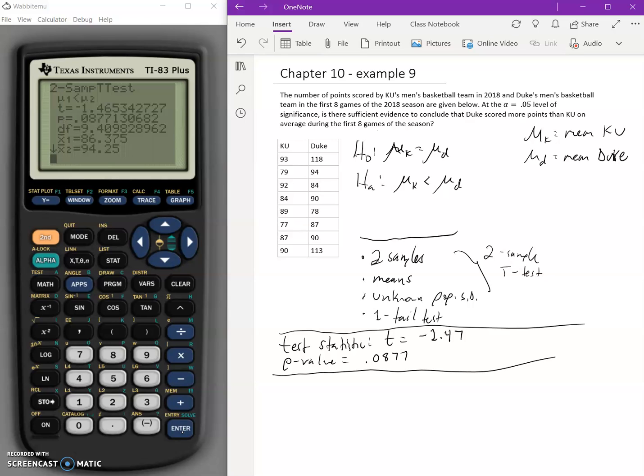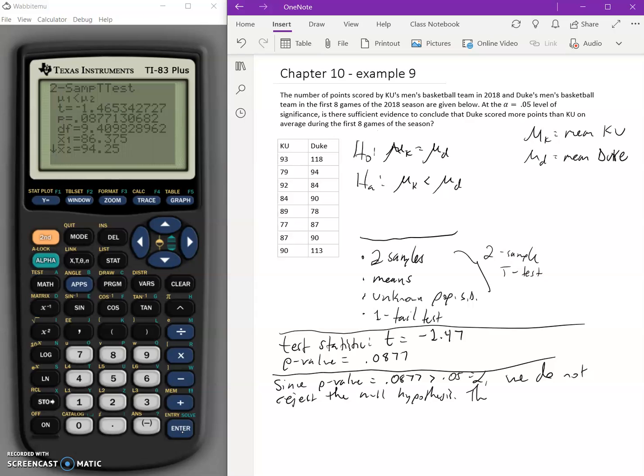So now we can make our conclusion: since the p-value, 0.0877, is larger than 0.05, which is alpha, we do not reject the null hypothesis.